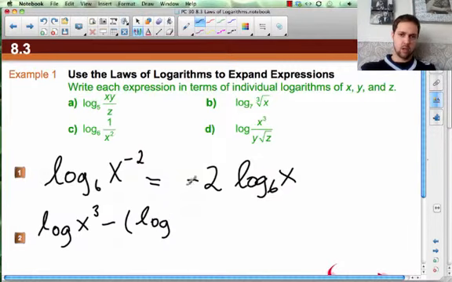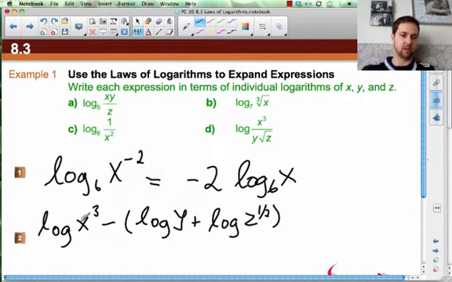So the first one would be the log of y, and since these two are multiplied together within the denominator, I'm going to add them to each other. But again, we're subtracting the whole denominator. We'll see how that comes into play later. So root z can be written as z to the 1/2.